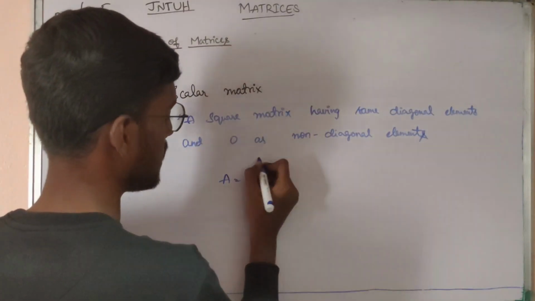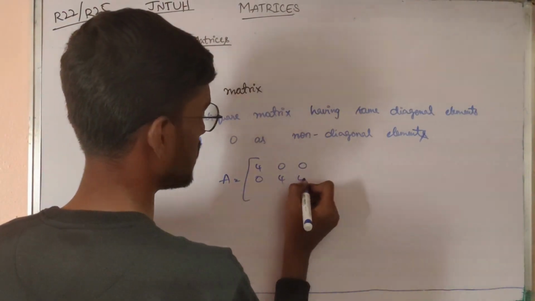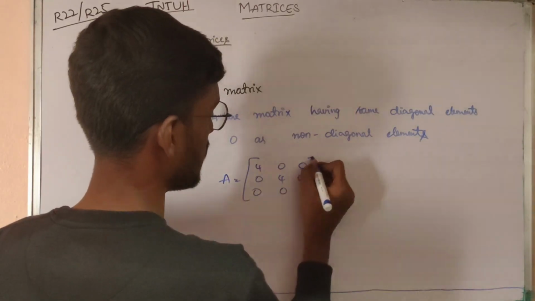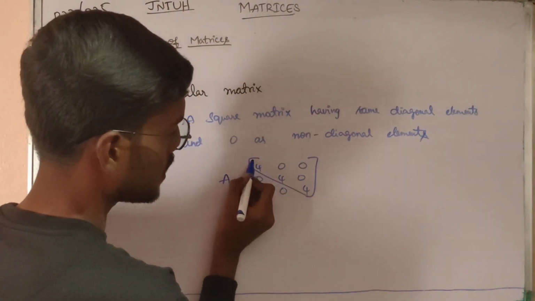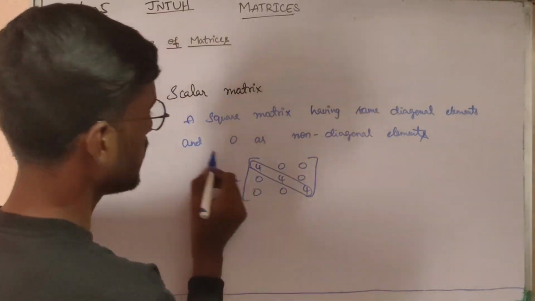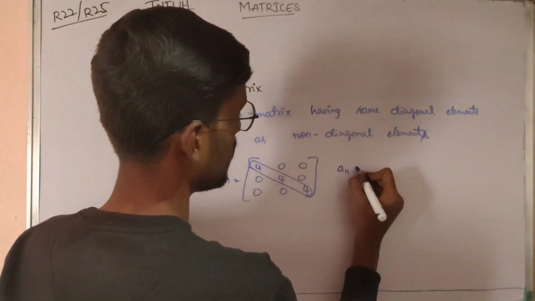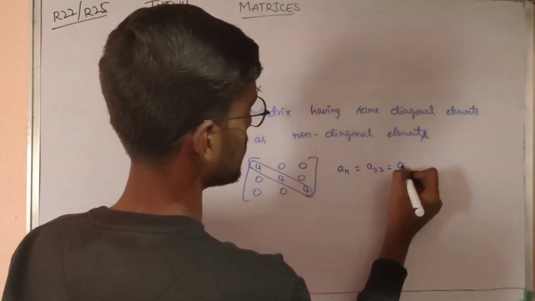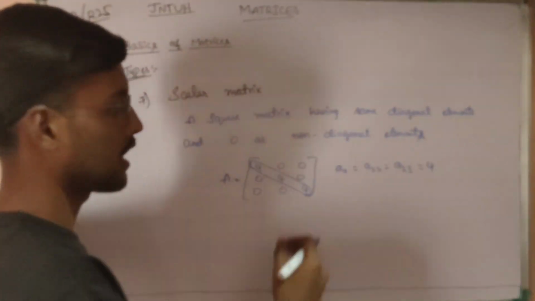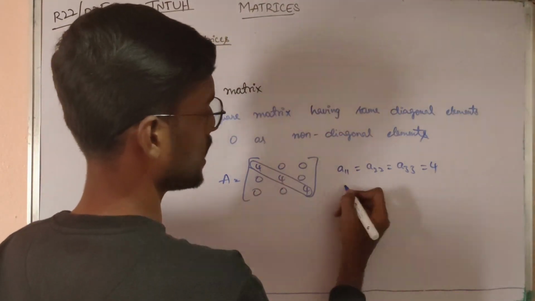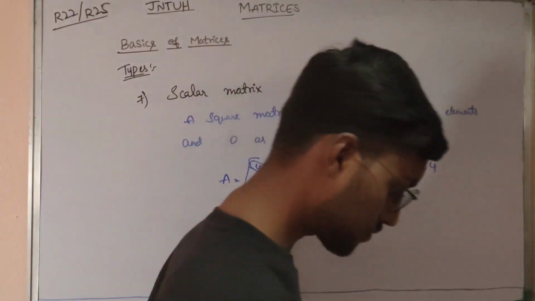For example, take matrix A: 4 0 0, 0 4 0, 0 0 4. These are our diagonal elements, and all diagonal elements are 4. I mean a11 equals a22 equals a33, which is 4. All are identical. All non-diagonal elements are 0. So this is called our scalar matrix. Is it clear?